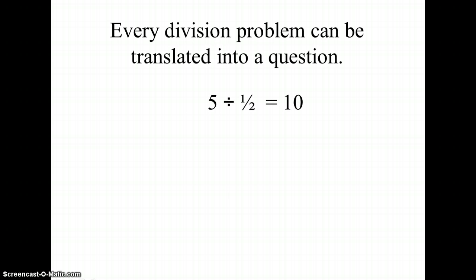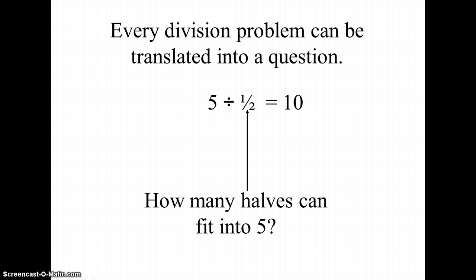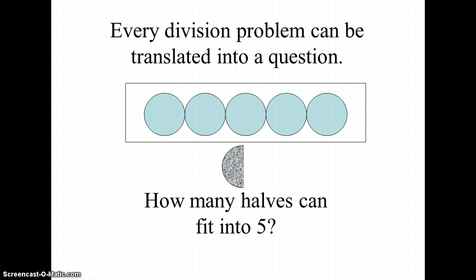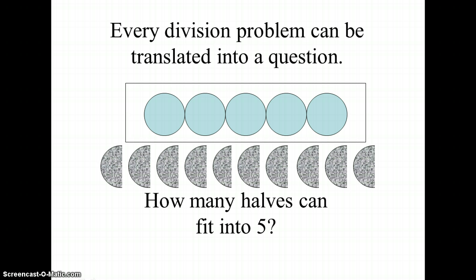3. Let's take a look at this same idea with a fraction, and fractions can be turned into decimals. 5 divided by 1/2 can be translated into the question, how many halves can fit into 5? Well, if I only have half a rock, I need to find another half to fill the one hole.